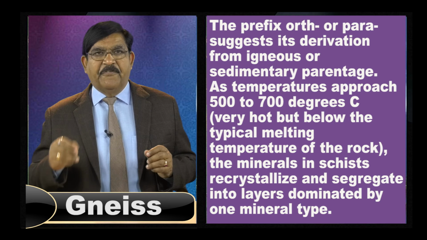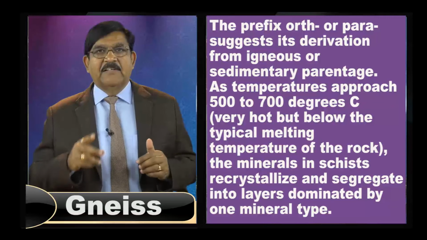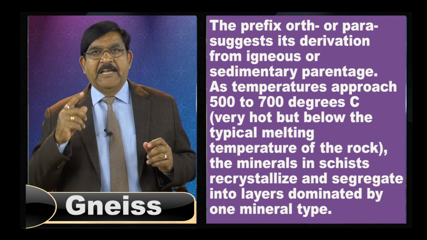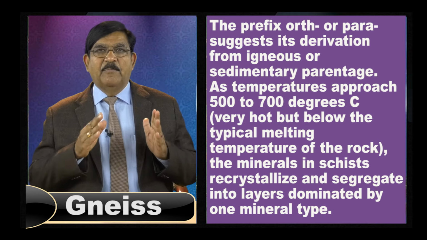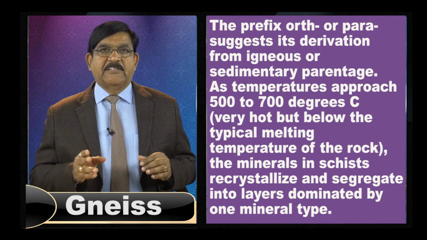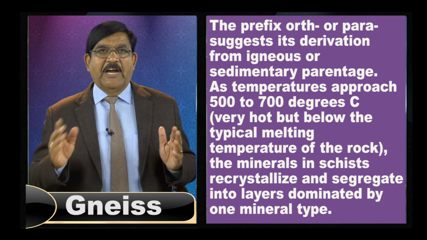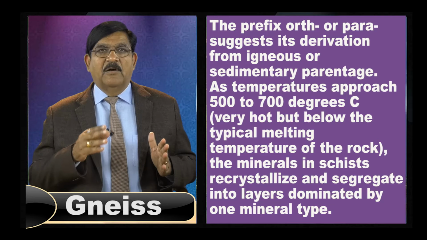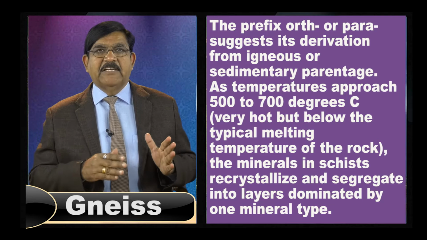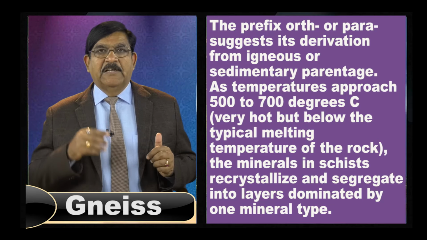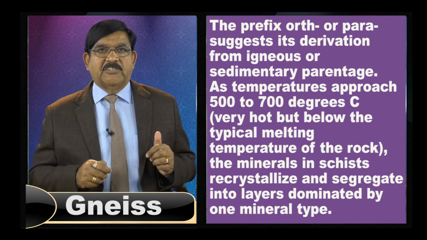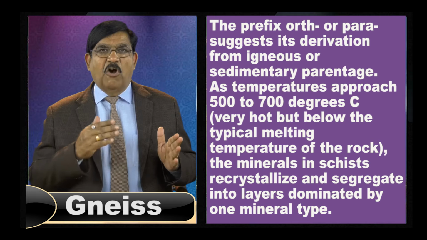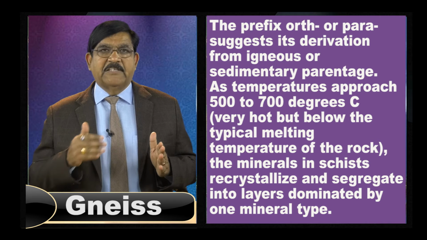The prefix ortho or para suggests its derivation from igneous or sedimentary parentage. As temperature approaches 500 to 700 degrees centigrade, very hot but below the typical melting temperature of the rock, the minerals in schist recrystallize and segregate into layers dominated by one mineral type.